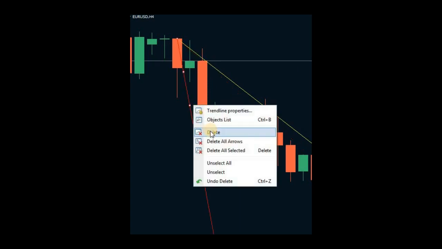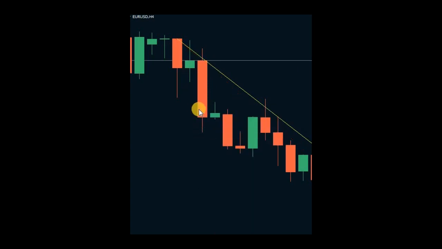So this is the right one to draw our trend line. We've covered all the possible candles in this case, 1, 2, 3, 4, 5 candles, and our trend line hasn't crossed any bodies.